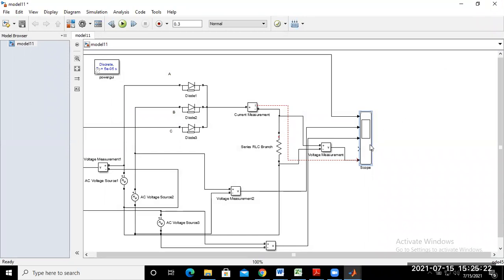Now connect the output voltmeter to this point, and the output of this ammeter to this point. Okay.